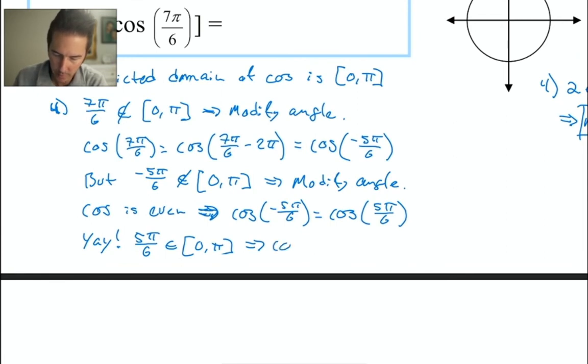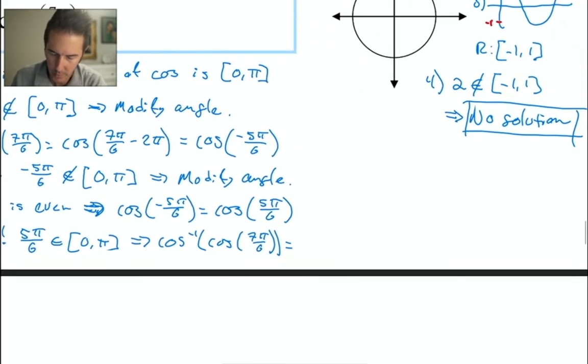Therefore, cosine inverse of the cosine of 7 pi over 6 is equal to the cosine inverse of the cosine of positive 5 pi over 6.